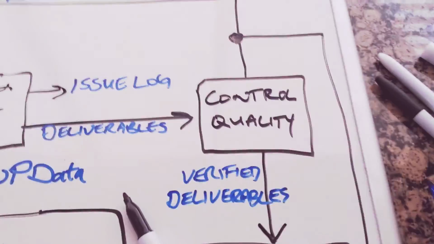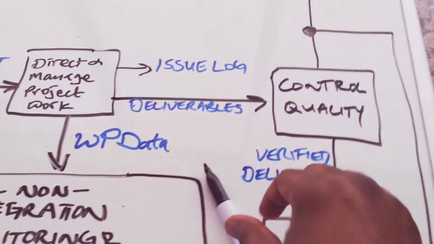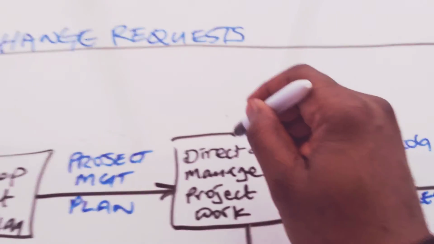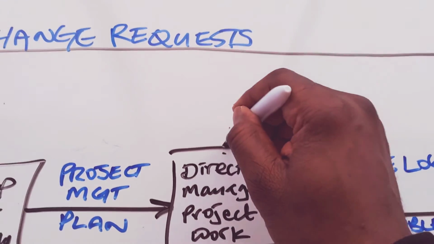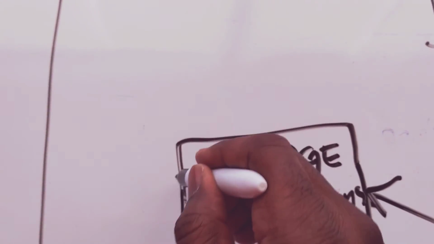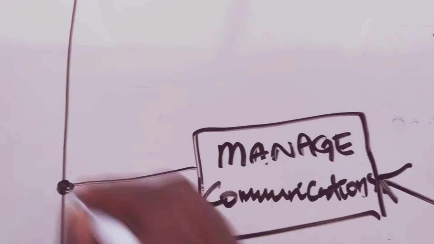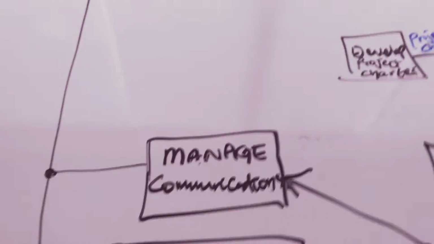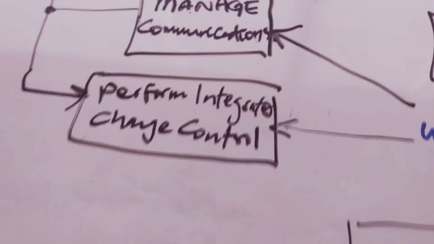But you know what? It's not just control quality and validate scope. It is a lot of other things. Direct and manage project work can hook into it as well. See that? Manage communications can hook in a change request as well that goes to perform integrated change control.